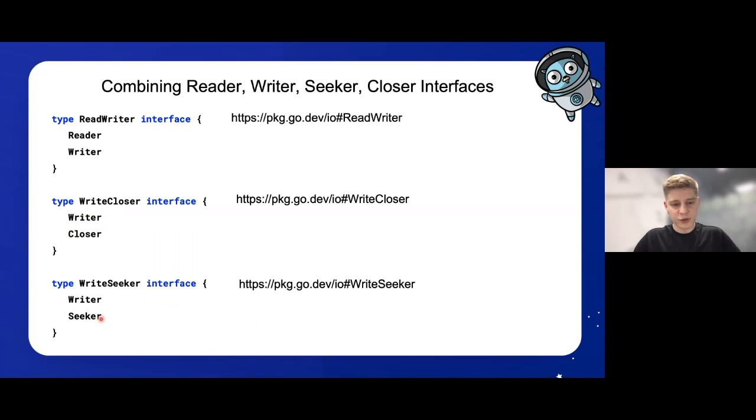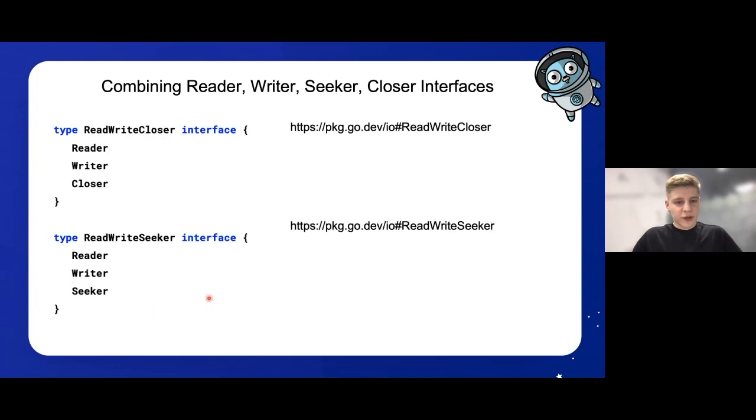And WriteSeeker is used when you want to change the position and write something inside of the file. As well, we have ReadWriteClosers, which we'll consider in the examples a bit later, and ReadWriteSeekers. So it's great when we want to create some structure that will read something from a file, write to some file, and be able to close the connection to prevent memory leaks.